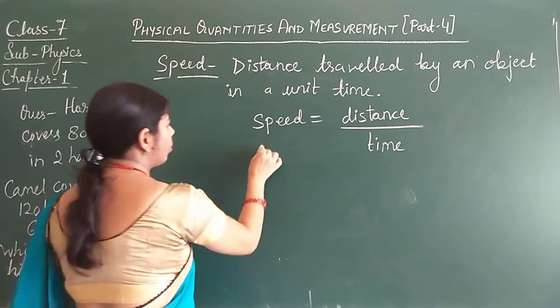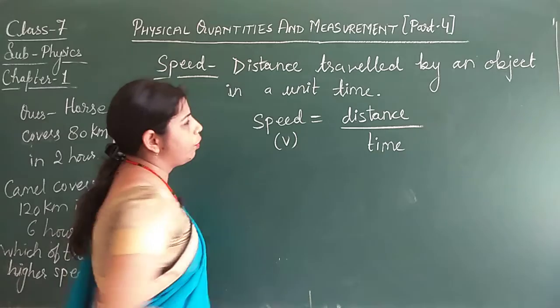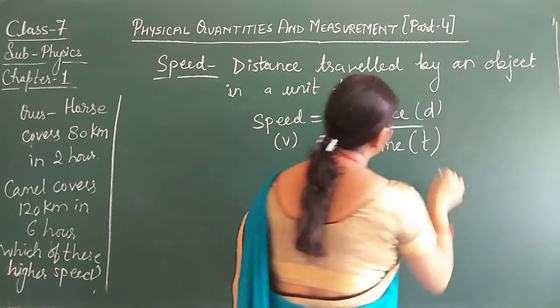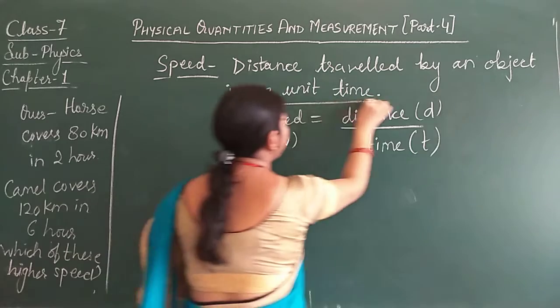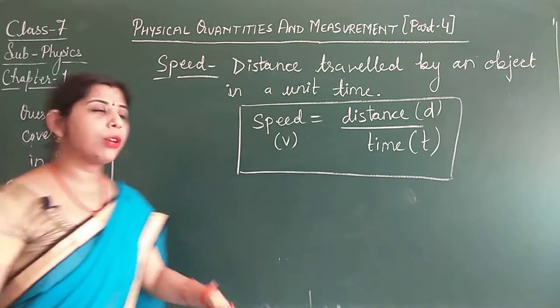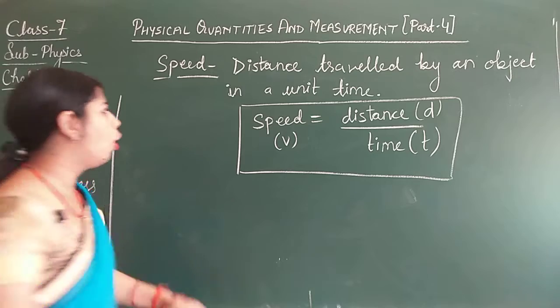Speed is denoted with V. So V is equal to d by t. This is the formula which is utilized for calculation of the speed of an object.